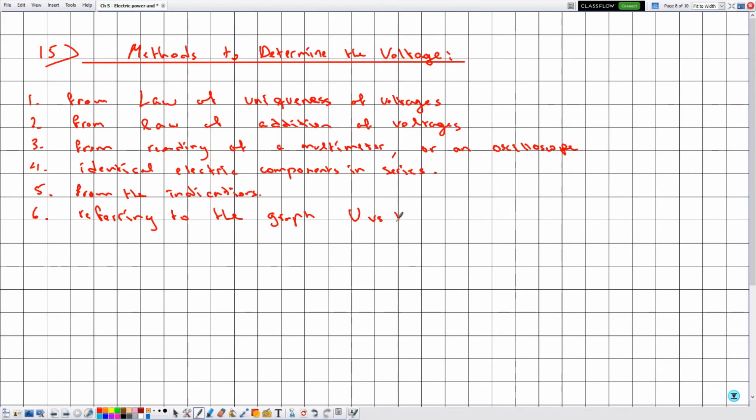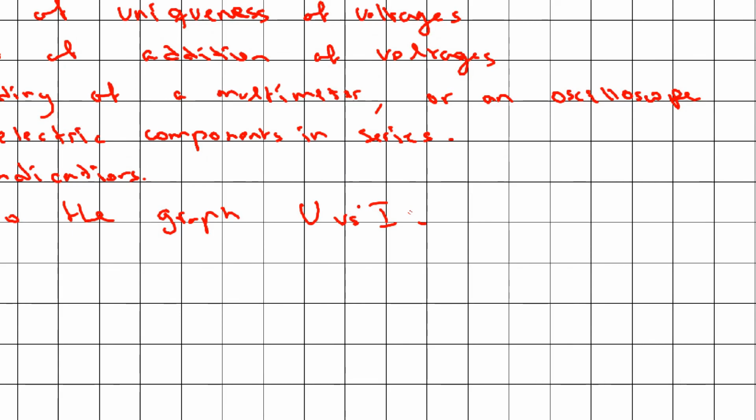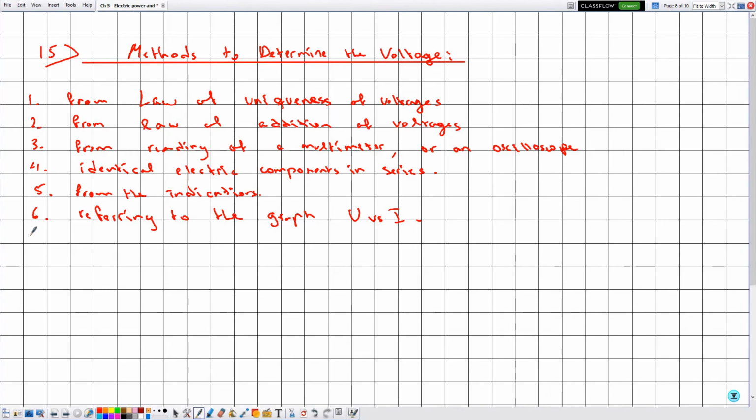U versus I, because recall that if we know the curve, by referring to I and to the curve we can determine the value of U. Now idea number 7 is from the famous law, Ohm's law.